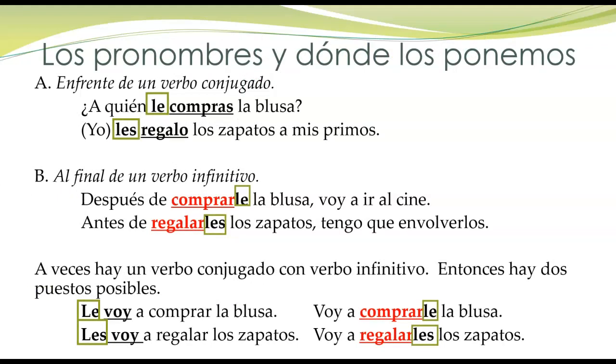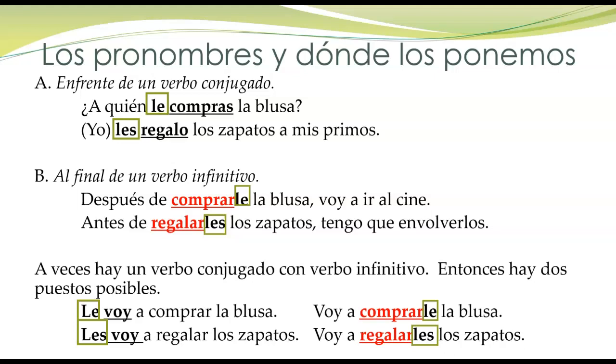Okay, so where do we put these pronouns? Los pronombres y dónde los ponemos. Actually, these pronouns are going to go in the same spot where we put our direct object pronouns. So this is a good review of where those go. A, enfrente de un verbo conjugado.